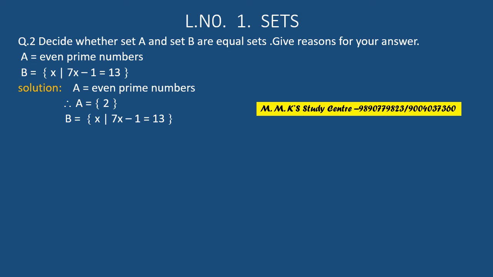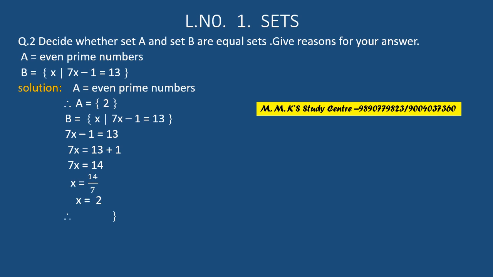Now we'll take the B set. Like the previous question, here also we'll take 7x minus 1 is equal to 13 out and solve it. So let us see. Now we'll bring the 1 to the right hand side. So 7x is equal to 13 plus 1. So we'll get 7x is equal to 14. So x is equal to 14 by 7. So x is equal to 2, children. Yes.